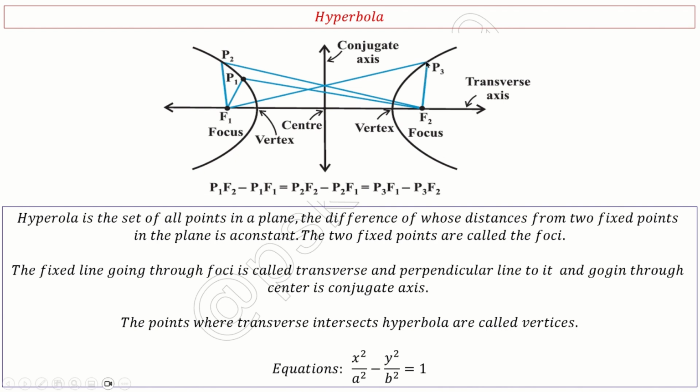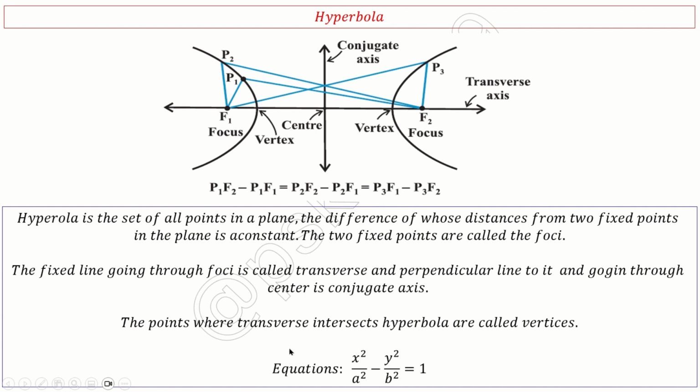Okay, if you take P3 on other side of the hyperbola, okay, so P3F2 minus P3F1, or P3F1 minus P3F2, which is constant, same as the other one, okay. And the nomenclature is, the axis is called transverse here, okay, and the perpendicular is called conjugate, okay. So that's the only difference, otherwise everything is same, okay. The center, vertices, focus points, the foci, all are same.